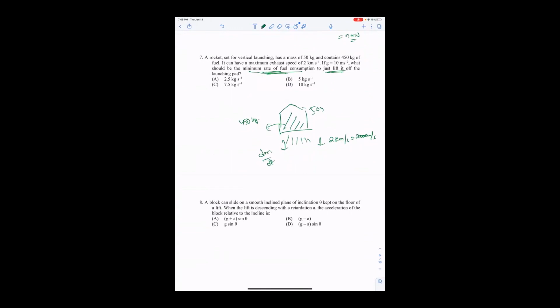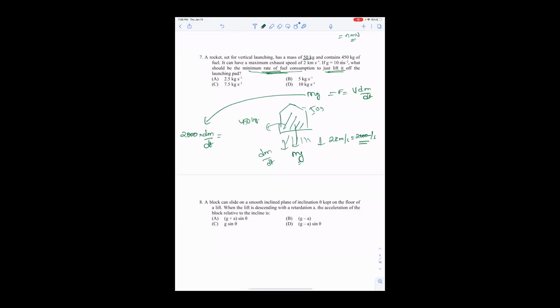So here, the acceleration is 0 because it just lifts. Who's giving the upward thrust? The upward thrust is equal to velocity into dm by dt, because velocity is constant. This force should be equal to weight mg. If force is equal to mg, it just lifts off. Velocity is 2000, so the equation is 2000 into dm by dt equals mass.